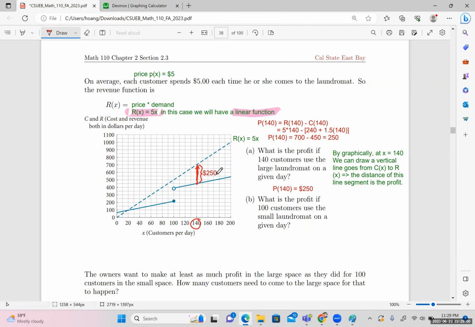What is the profit if 100 customers use the small laundromat on a given day?